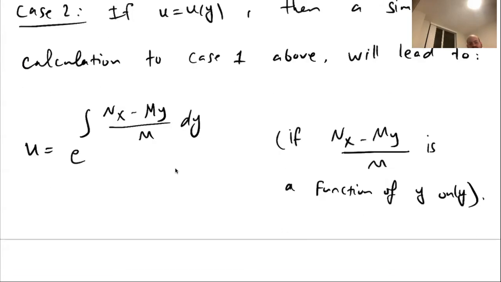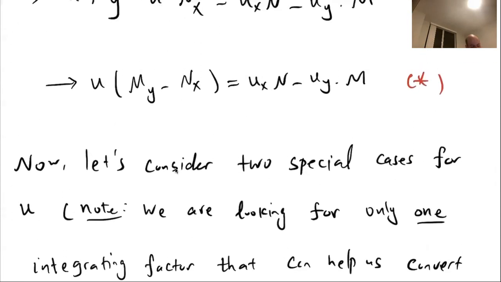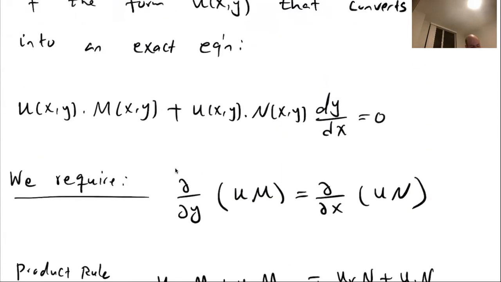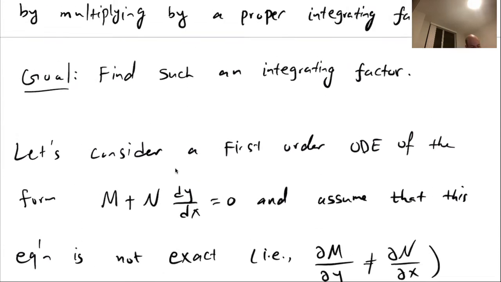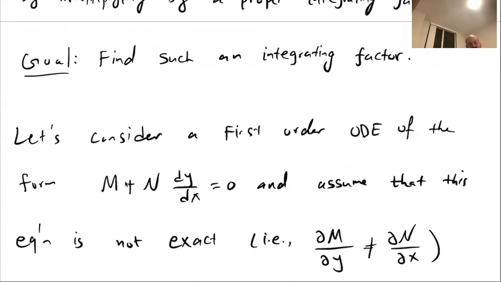So the summary is this. If you have an equation of this form, M plus N dy/dx equals 0. Previously, we saw that if the partial derivative of M with respect to y is the same as the partial derivative of N with respect to x, then the equation is called exact, and we can follow the steps to find the solution of an exact equation.